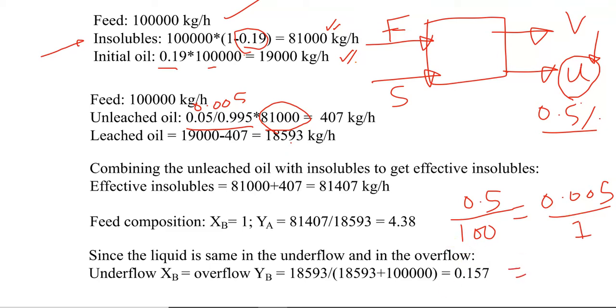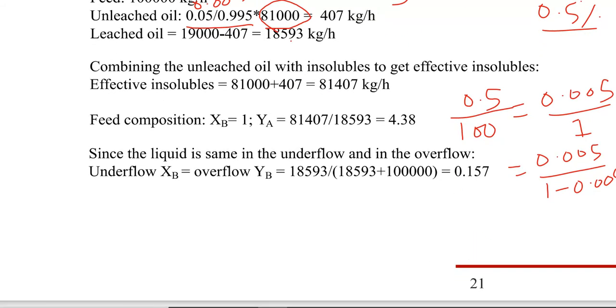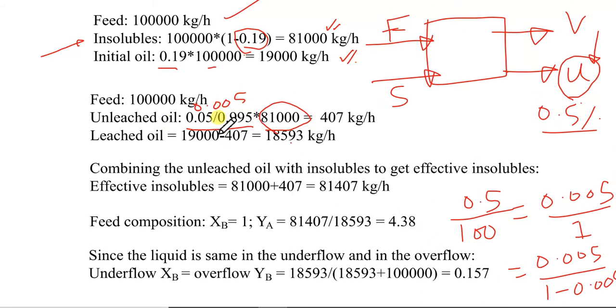You need 0.005, and then the other one will be 1 minus 0.005, so that becomes 0.005 divided by 0.995. This ratio times the amount of solid, or you can get it this way. How?